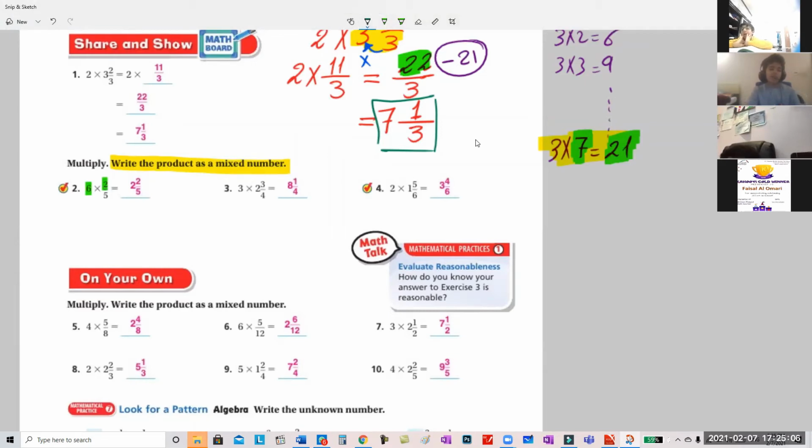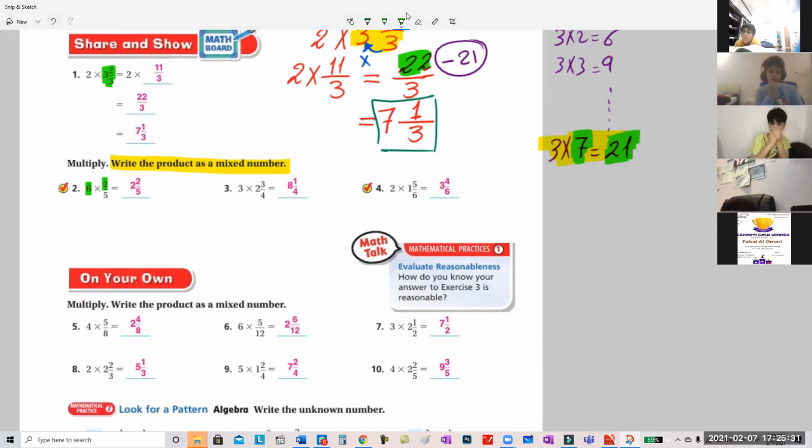Because you have to change the mixed number into a fraction when we have a mixed number. But here you don't have a mixed number, so you don't need to do the first step, because it's already done for you.